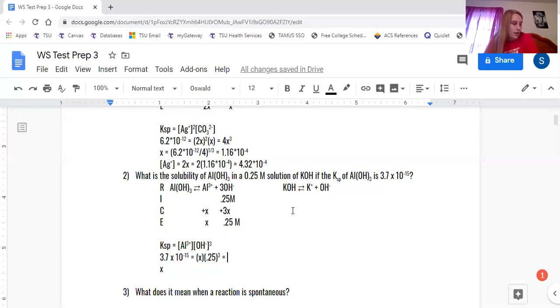So if you go ahead and solve out your 0.25 cubed, I already have that worked over here. You end up with 0.015625 x equals this. So to find x, all you're going to have to do is divide this by the other number.